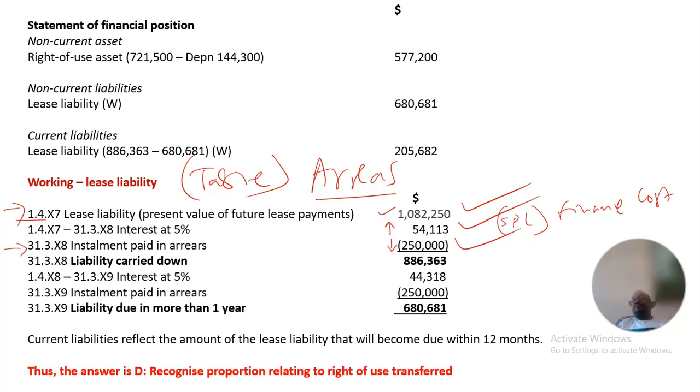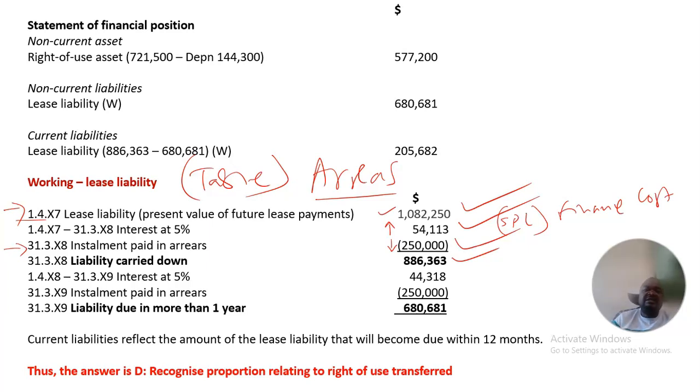The liability is increased by the interest charged that year, but it is only reduced through payment of installments. So when the installment has been paid, we come down to this amount. Thus, the liability carried down as of 31st March 20x8. That is the end of the year.